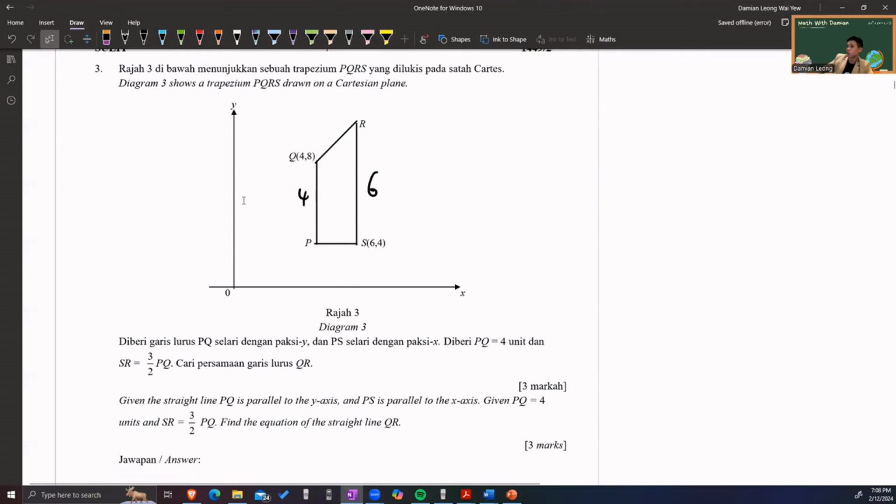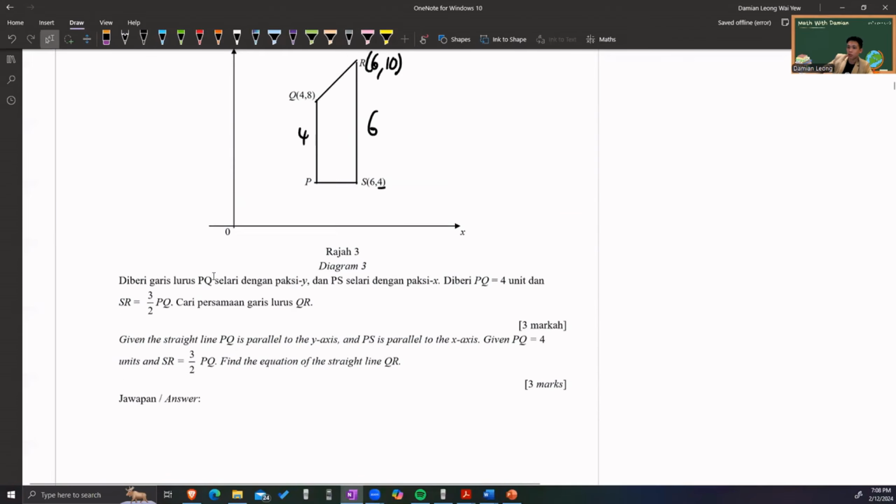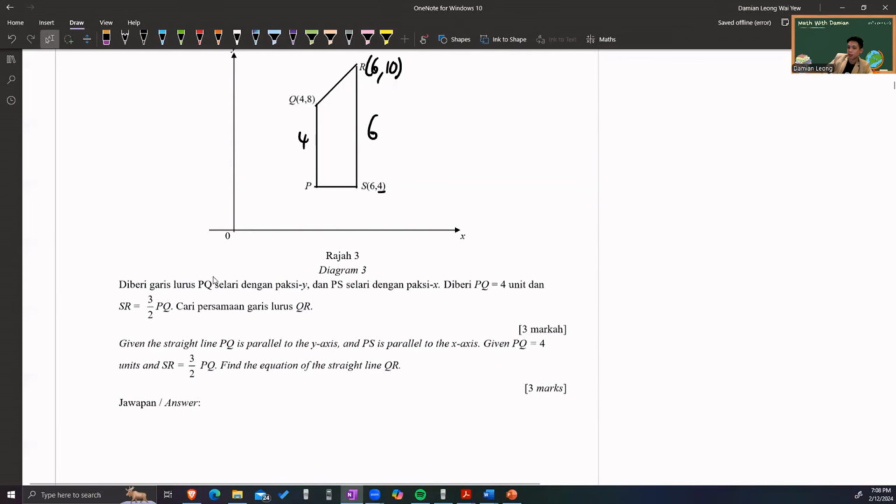I want the equation of straight line QR. So 6 means the y coordinate adds by 6. And this is a vertical line, so the x coordinate should be the same, so 6, 10. So I have the coordinates of point Q and point R. I can use them to find the equation of the line.